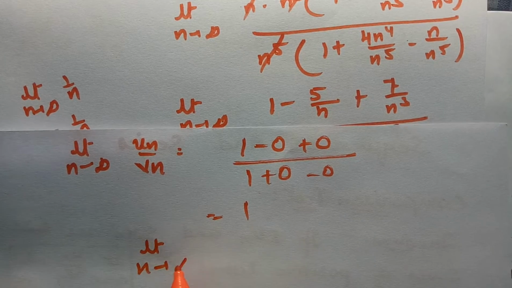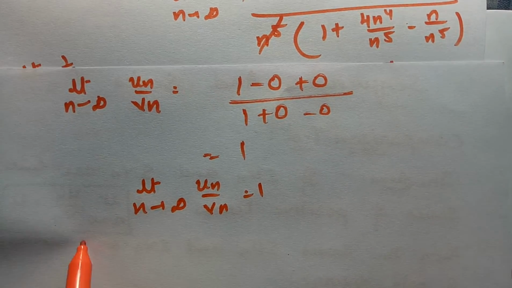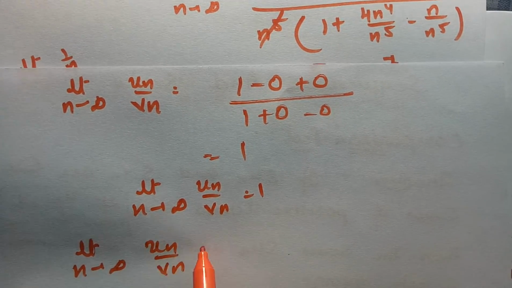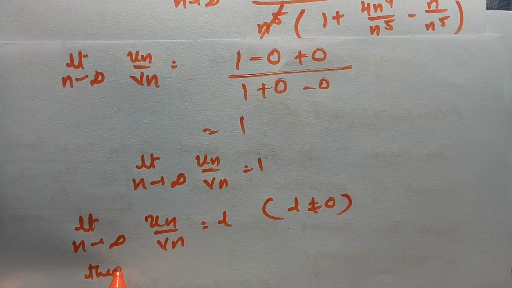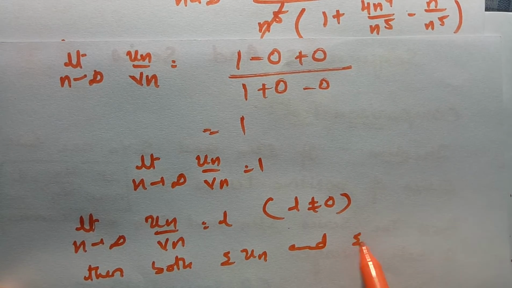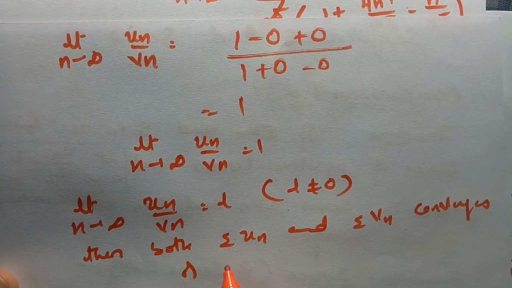Therefore, according to the comparison test, we got a finite value. The comparison test states, limit n tends to infinity u_n by v_n is equal to L, where L not equal to 0, then both sigma u_n and sigma v_n converge or diverge.